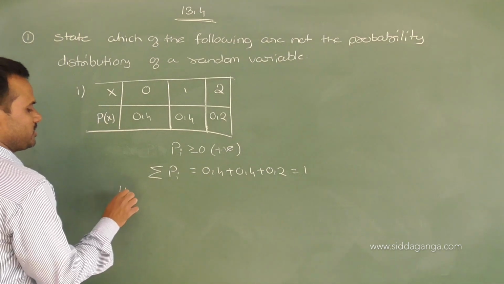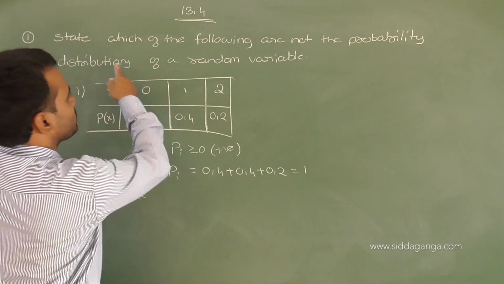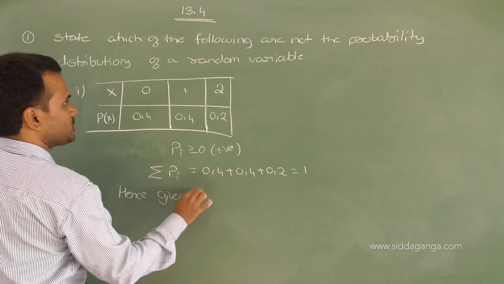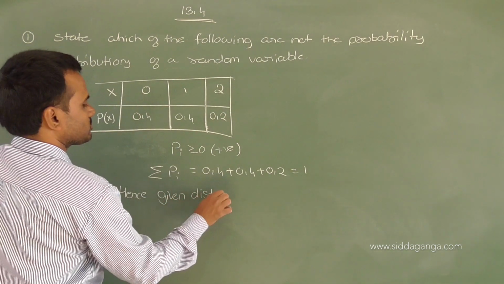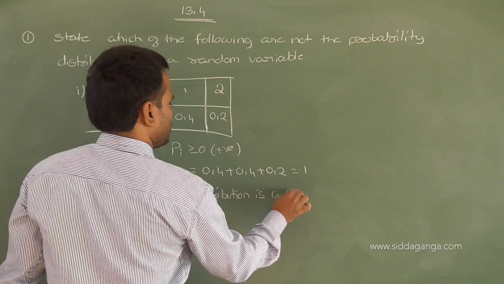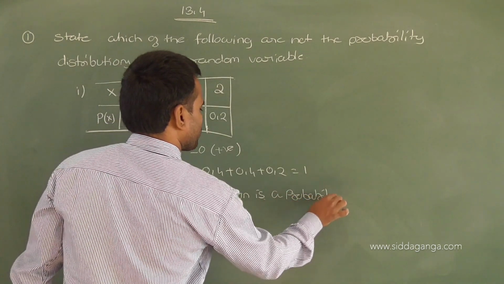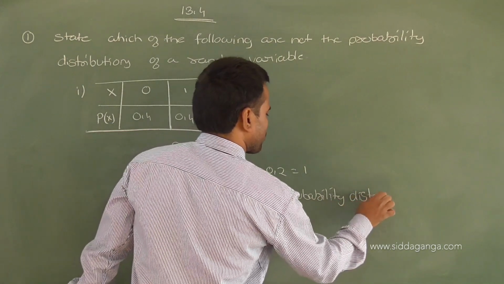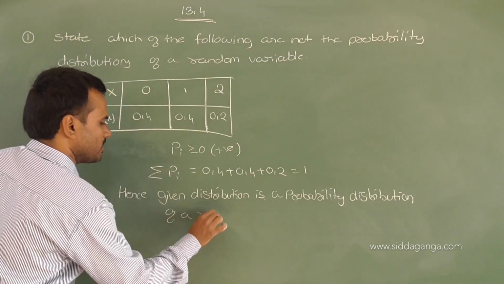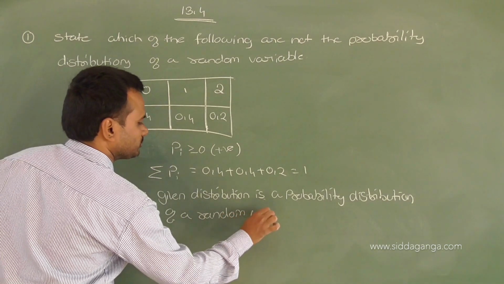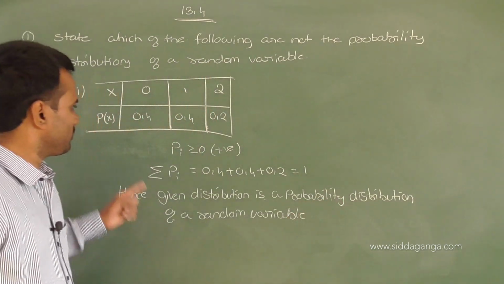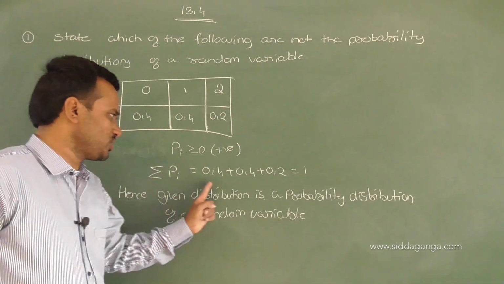Hence, the given distribution is a probability distribution of a random variable, because all Pi are positive and summation of Pi is equal to 1.